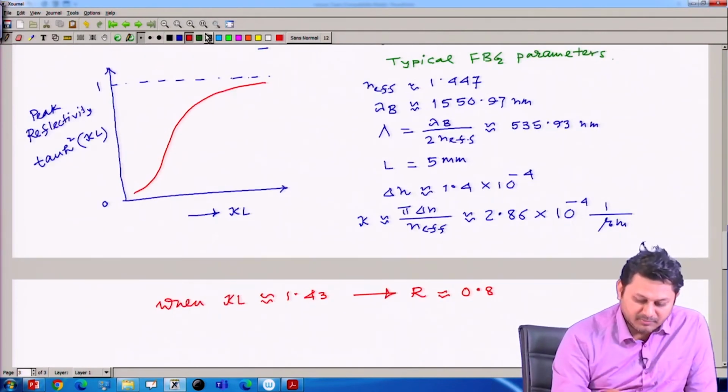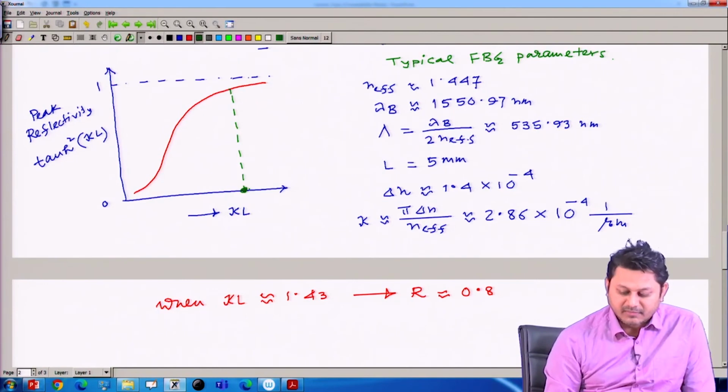So, I am talking about this point from this curve, some point here. I use all these practical values, find what is my kappa, and then I find out the value of kappa L because L is there.